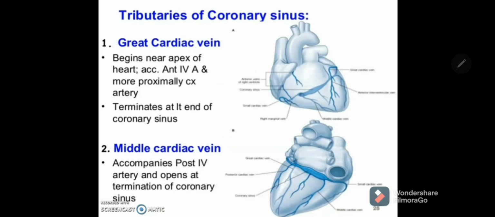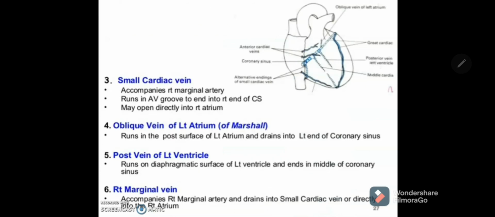You can see here the great cardiac vein is in the anterior AV groove and opens into the left side. Middle cardiac vein is in the posterior AV groove, opens onto the right side. And you can notice the location of coronary sinus here. And here you can notice the small cardiac vein opening onto the right side, oblique vein of left atrium, posterior vein of left ventricle.